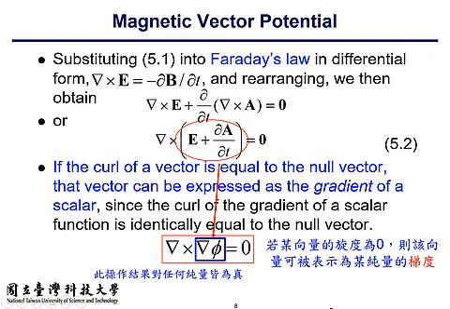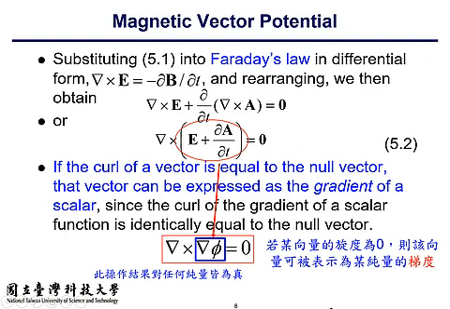In the first Maxwell equation, Faraday's law, we know that the curl of E equals minus the time derivative of B. And if we substitute B with the curl of A, we end up with the curl of E plus the time derivative of the curl of A equals 0.